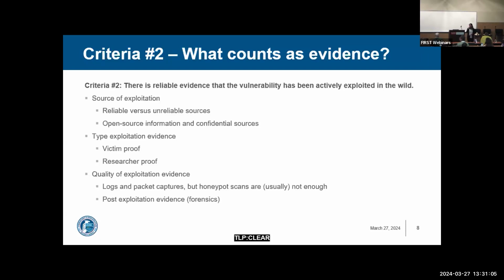We get information from everywhere: from other agencies, from the private sector, from vendors, from researchers, from everywhere and anybody. Many different sources, other governments, other parts of the government, state governments, all over the place.